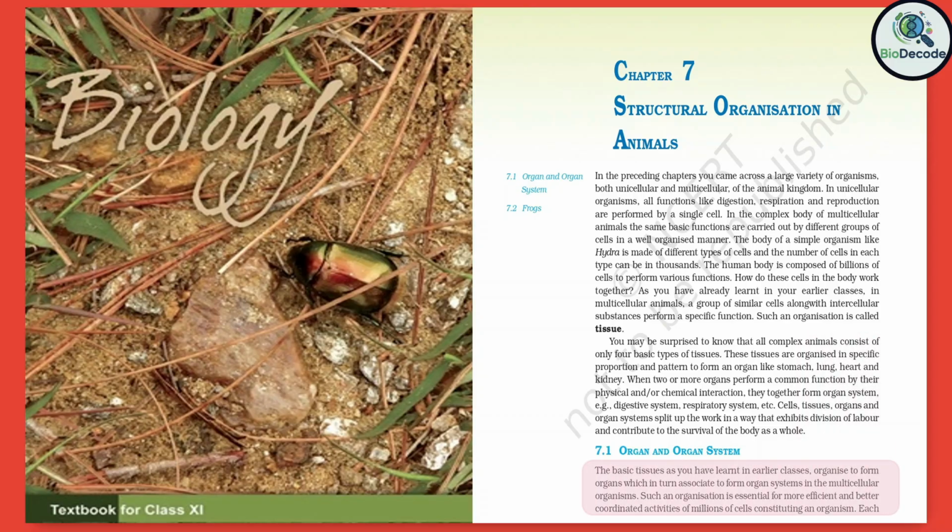7.1 Organ and Organ System. The basic tissues, as you have learned in earlier classes, organize to form organs, which in turn associate to form organ systems in the multicellular organisms. Such an organization is essential for more efficient and better coordinated activities of millions of cells constituting an organism.